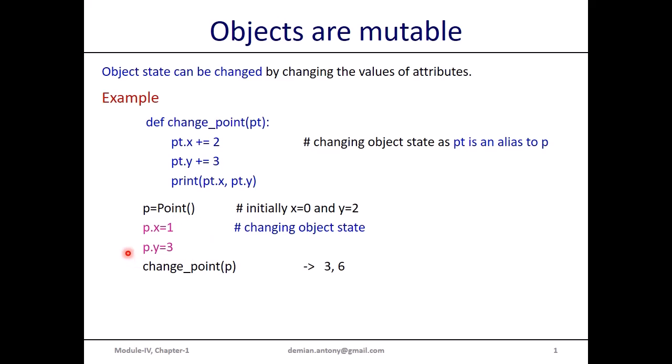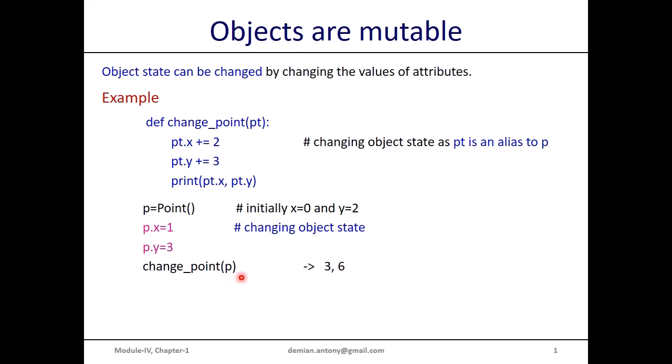And now we are changing the state of this p by explicit assignment. We are assigning new values to the attributes. This is how we can change the state in the main. Similarly, we can write a function to change the object state by passing the object itself as a function parameter. That's what we do here.